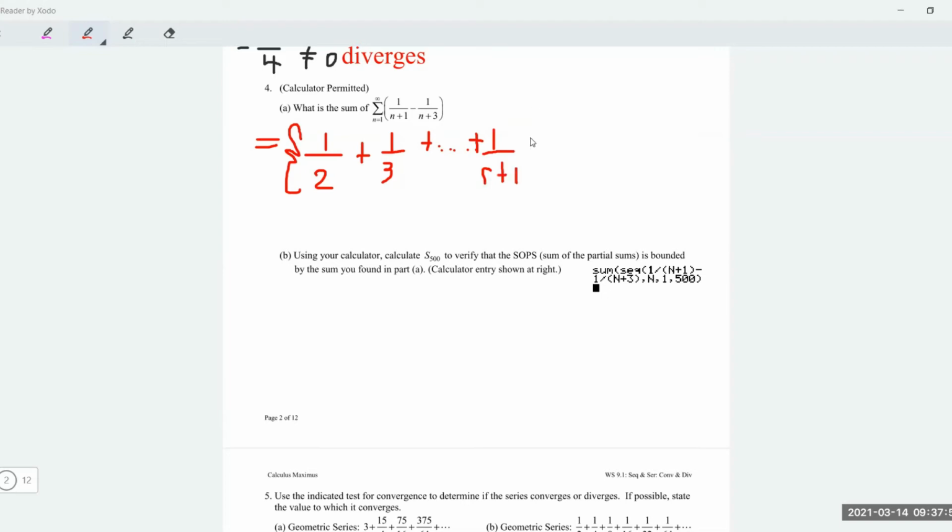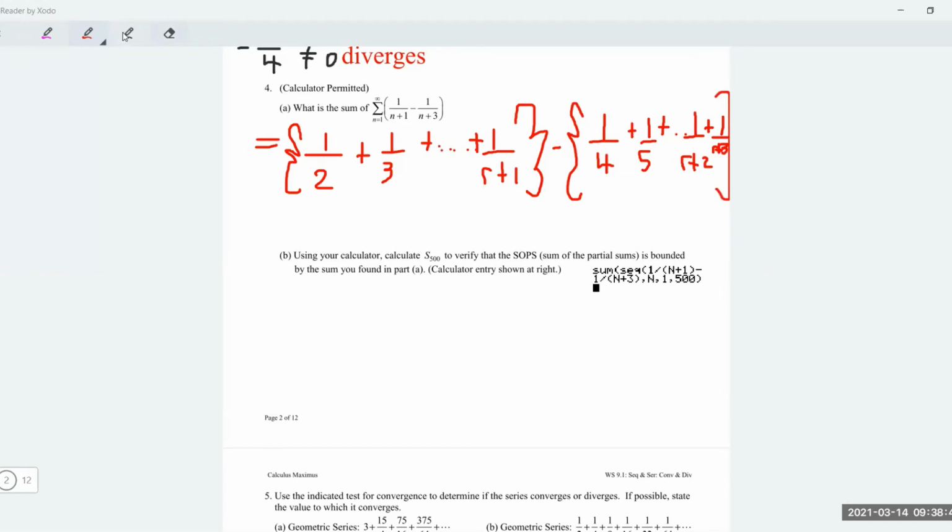Minus, if I plug in from n equals 1 on this side, I would get 1 over 4 plus 1 over 5, and I continue all the way up to the last terms, 1 over r plus 2, and the last term would be plus 1 over r plus 3.